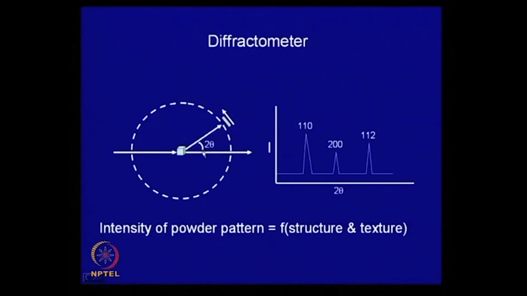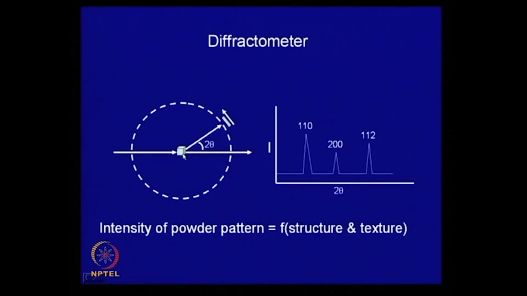This is shown over here. This is the diffracted beam, and around this circle we move a counter which can detect the intensity of X-ray. A diffractometer is a device where you place the sample on a stage called a goniometer, which can be rotated about different axes.